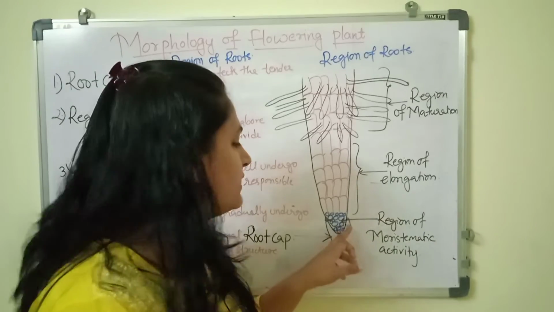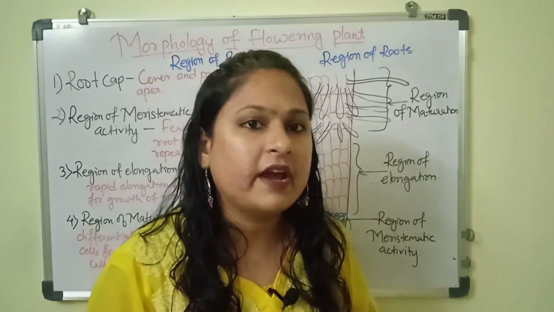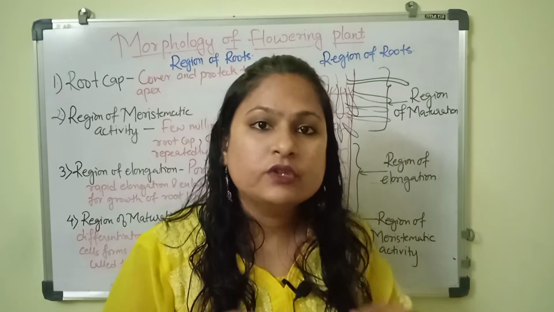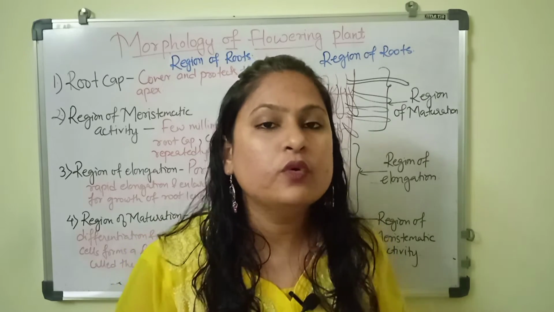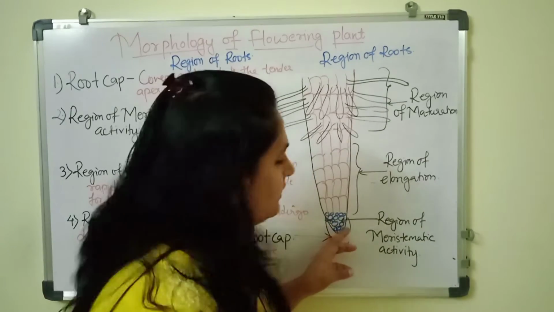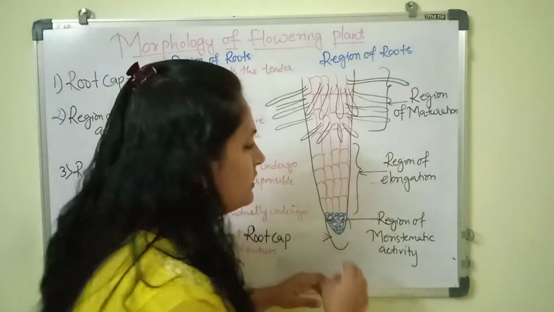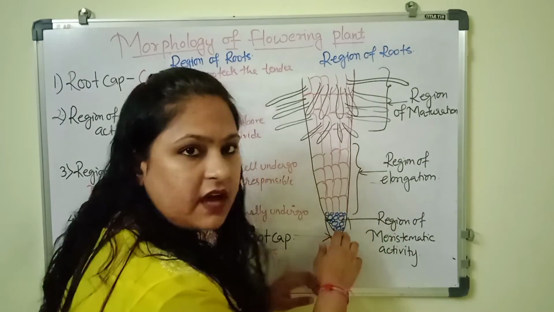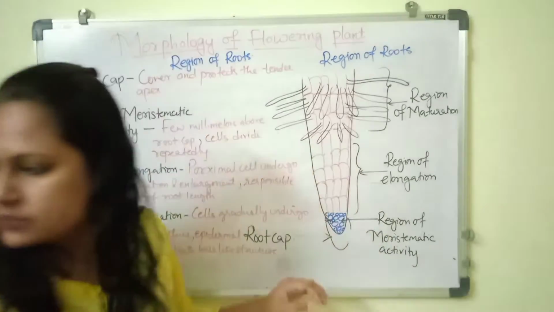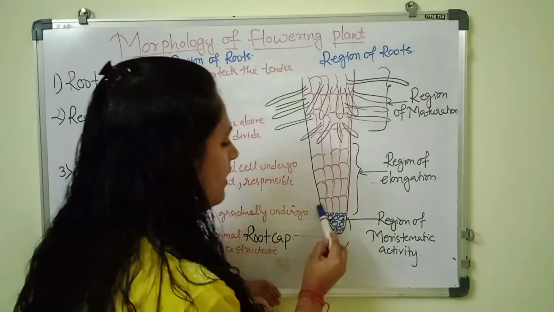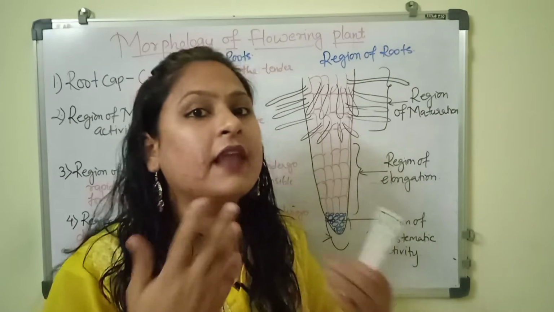The meristematic zone consists of continuously dividing cells. Why do roots grow? The growth of the root takes place by cell division. When the cells divide, only then the roots grow. So the cells divide in the apex region, where there is meristematic tissue at the root apex. After the division, what happens? The cells at the proximal region undergo elongation and enlargement.